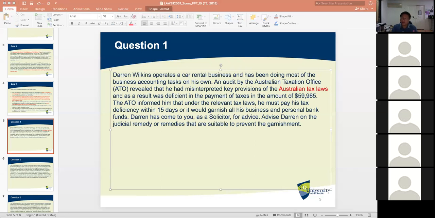But for the moment, leaving aside that idea of an internal review process, if you apply for judicial review under the ADJR Act, and the court is convinced that it is necessary to refrain, restrict or stop the ATO from enforcing its order to garnish all the bank funds of Darren Wilkins, it can be granted by the court straight away. Did that answer your question?